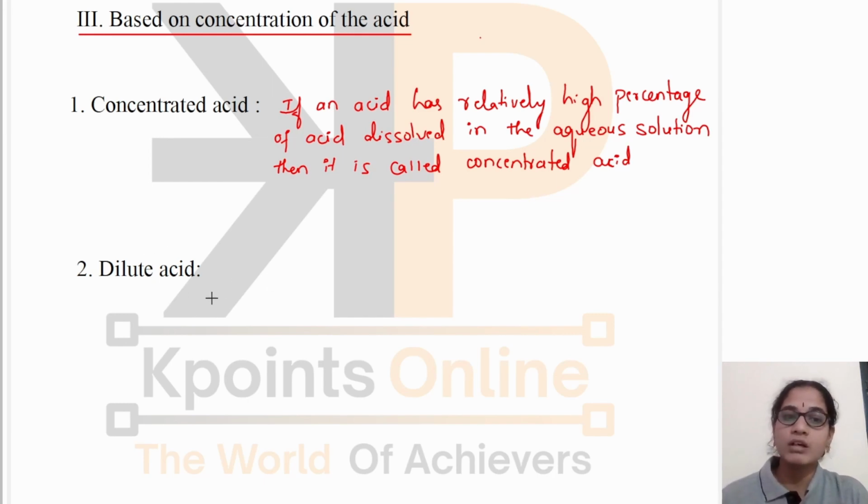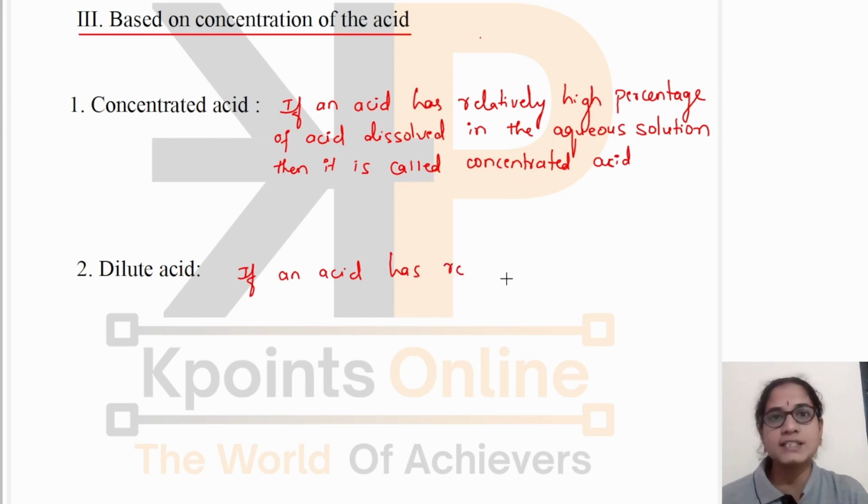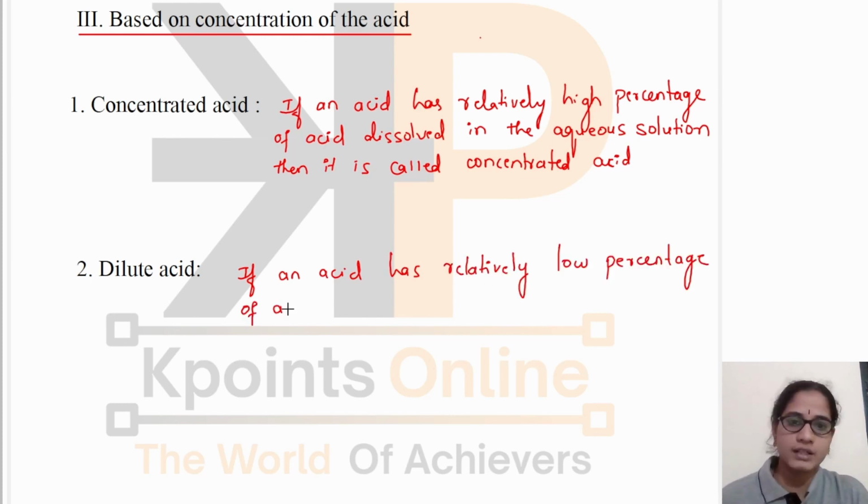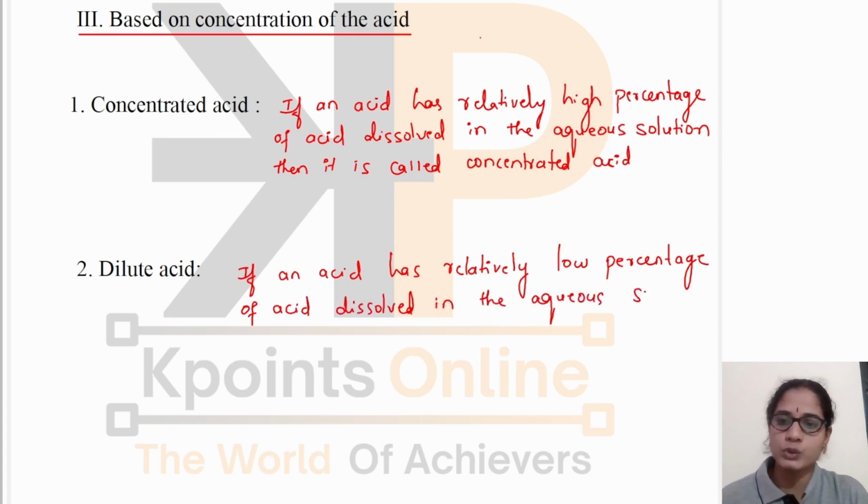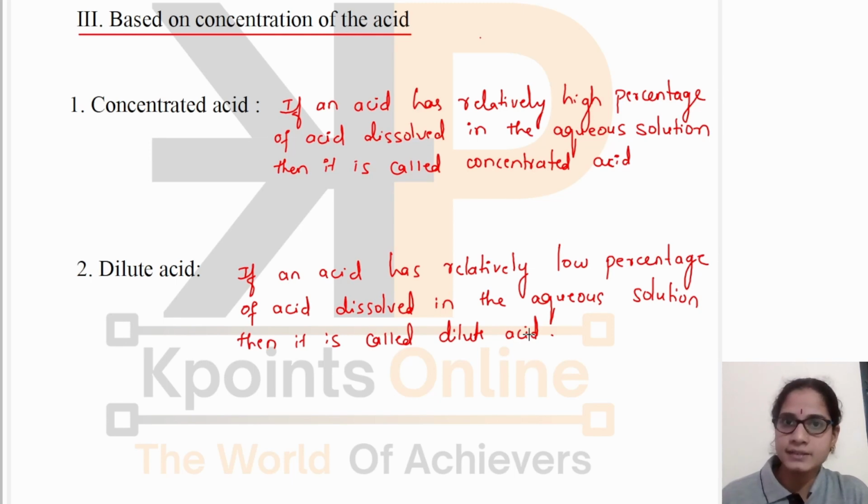Then what about dilute acid? If an acid has a relatively low percentage of acid dissolved in the aqueous solution, then it is called a dilute acid.